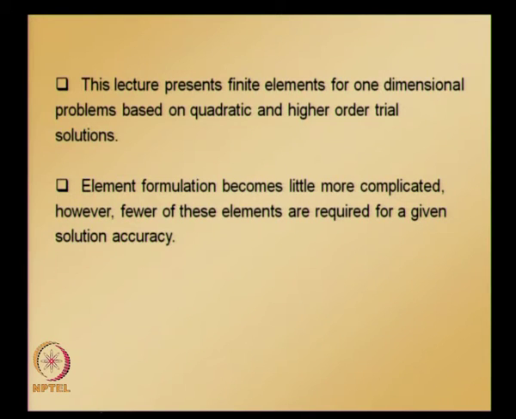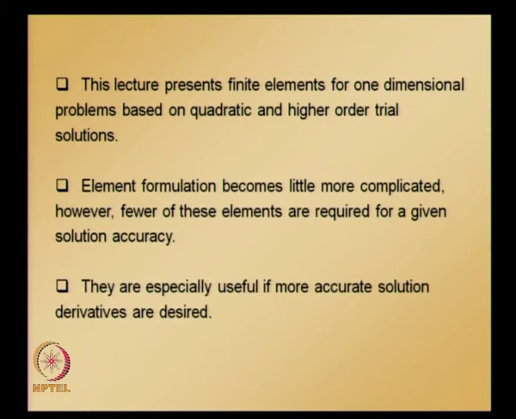The size of the equation system that we will be solving will be smaller than what we usually get using linear elements. At the end, once we complete the element formulation using quadratic elements, we will be solving the same column buckling problem that we solved using 4 linear elements.